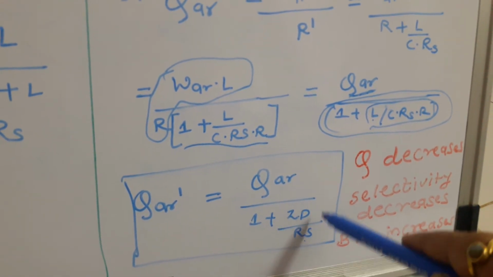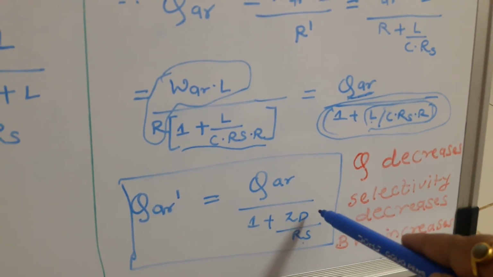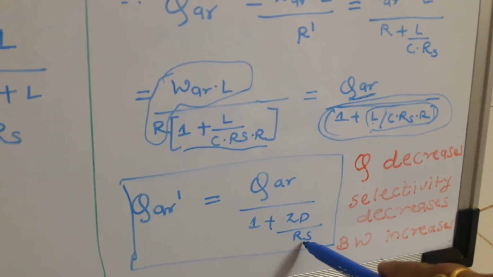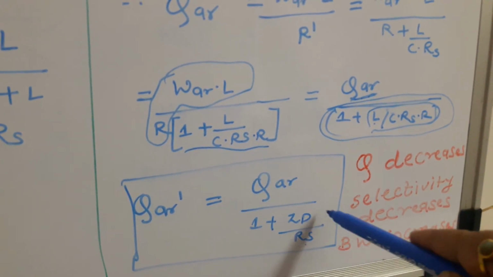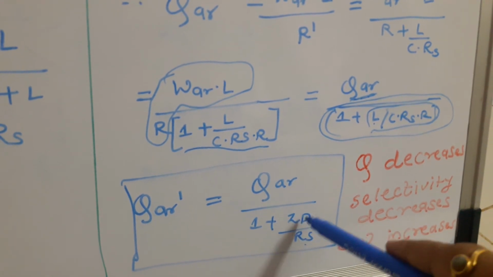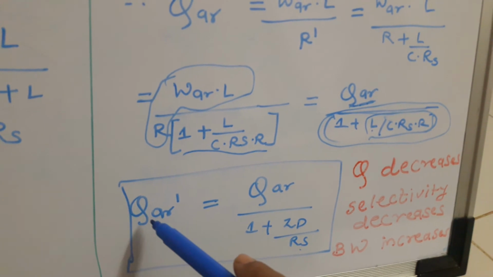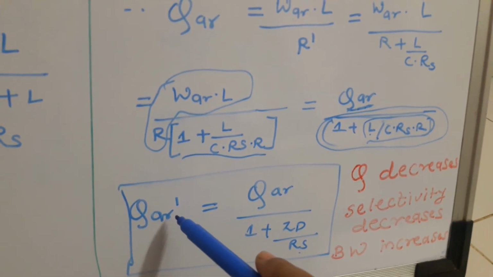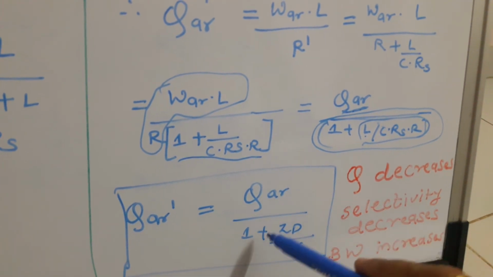Now under match condition, what will happen: ZD will be equal to Rs. For maximum power transfer we have the match condition, so ZD will be equal to Rs. Both will be equal and cancel out, so 1 plus 1 will be 2. Therefore the quality factor at anti-resonance at match condition will be the normal quality factor divided by 2.